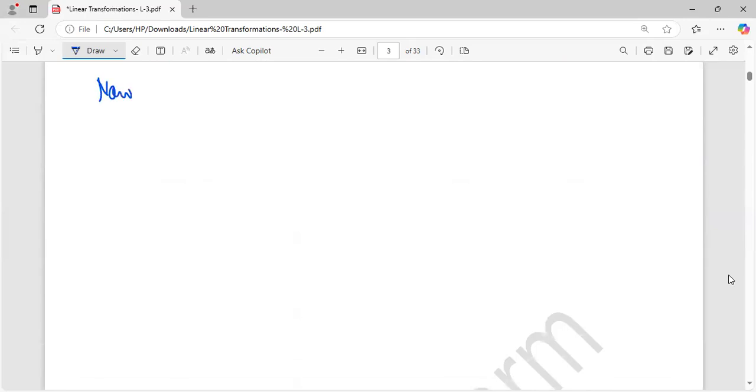Now, T of alpha V1 plus beta V2 is equal to alpha T V1 plus beta T V2, because T is a linear map, we will have this property.